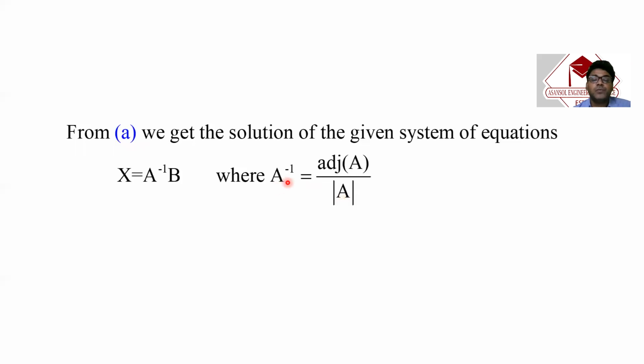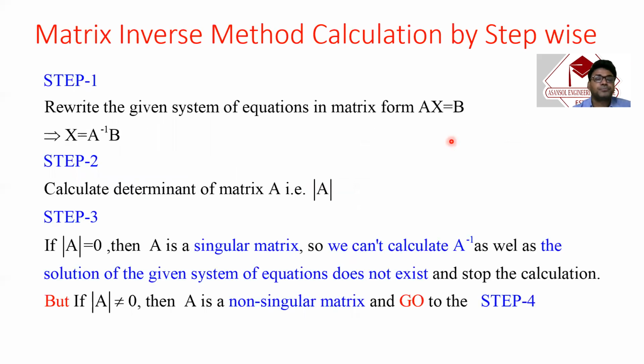So if I know A inverse, I substitute here and multiply with the b column matrix. Whatever I get is the solution for X, that is the solution of the system of equations. So this is all about the matrix inverse method.